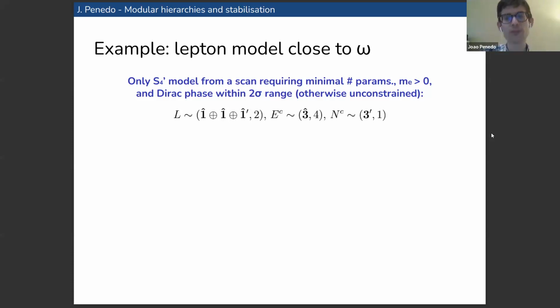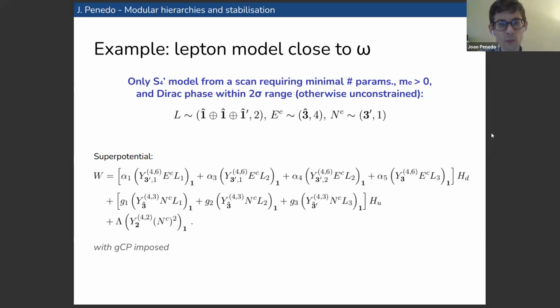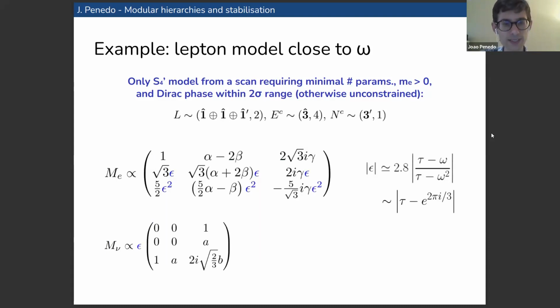Of course, we build a superpotential as before. We impose GCP. This means that all these constants are real, and the value of tau is the only source of CP symmetry breaking. So what we get from this superpotential is these mass matrices in an appropriate basis.